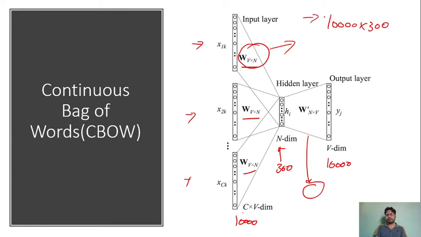If you multiply a one hot vector here, you will get one vector as output which has size 300. That 300 size vector will be your word embedding for that particular word. In that way you can make a word embedding. It's a very simple method to make the word embedding.